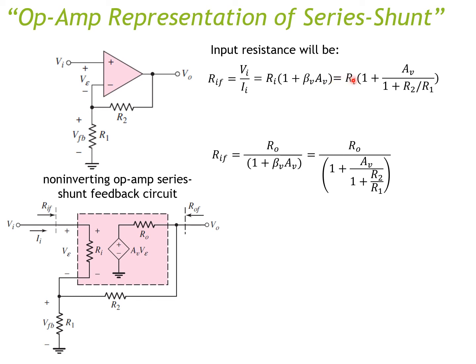It's going to be equal to Ri multiplied by 1 plus AV over 1 plus R2 over R1, where I replaced beta with 1 over 1 plus R2 over R1. For the output resistance, you can do the same way, replacing beta with these terms.